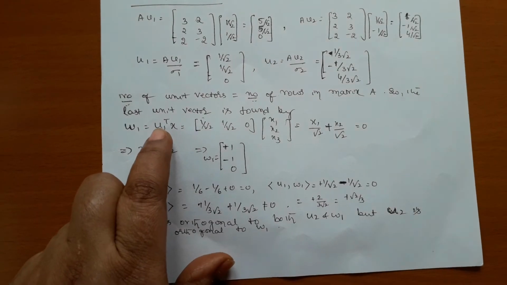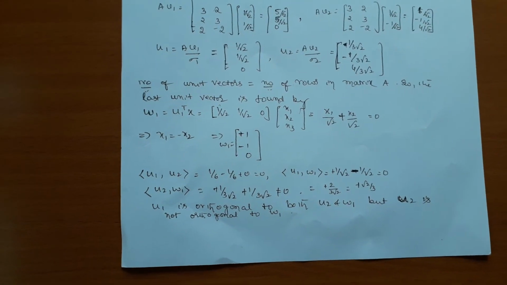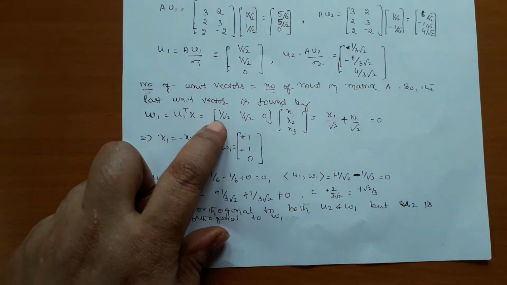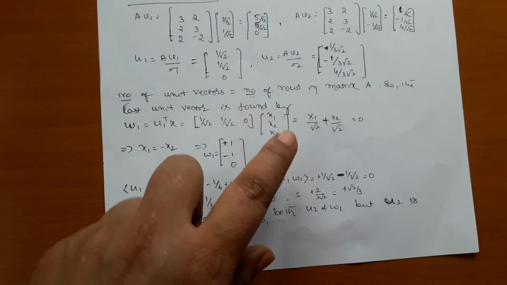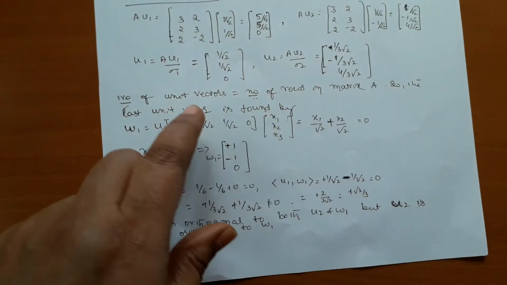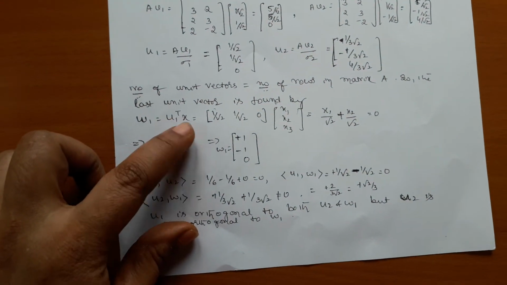Based on that, for the last unit vector I have to find w: u1 transpose times x, with u1 being 1 by root 2, 1 by root 2, 0. Now instead of u2, I have taken u1, that's all. That's the formula I have. u1 transpose times x must be equal to 0.